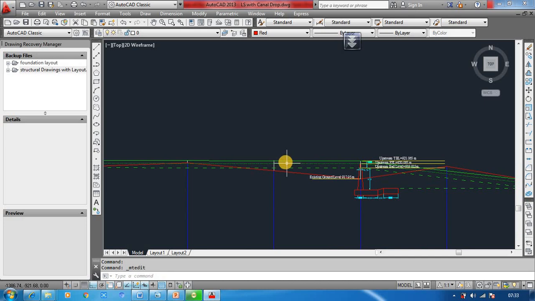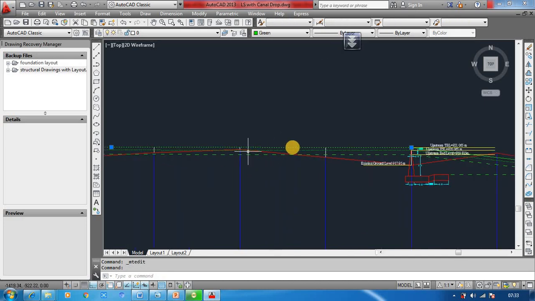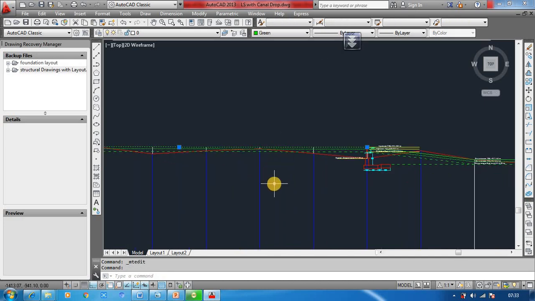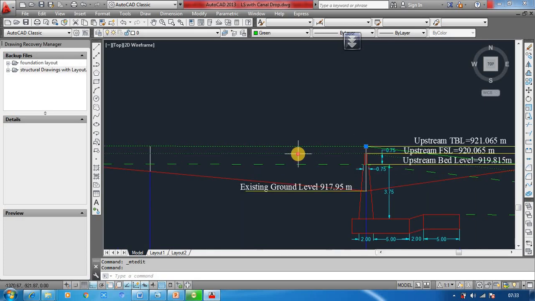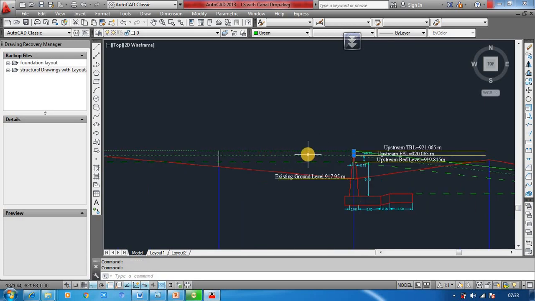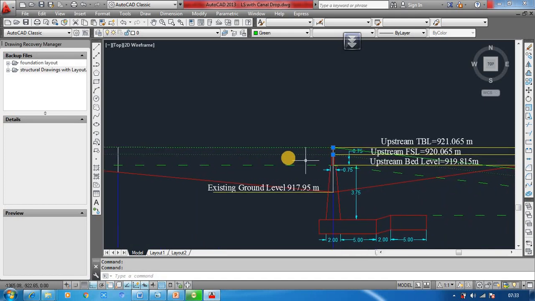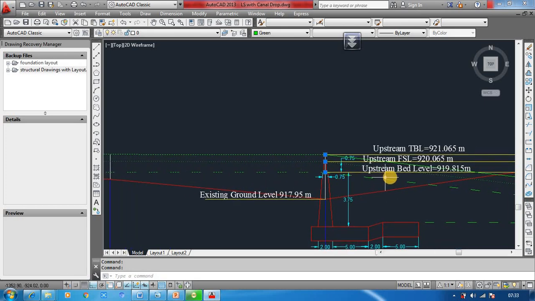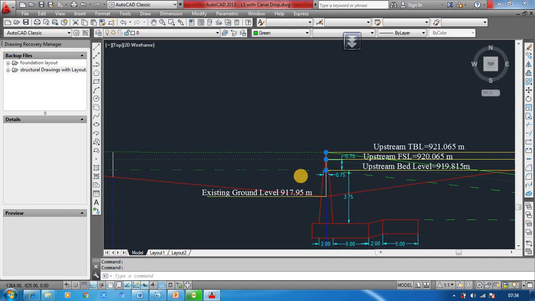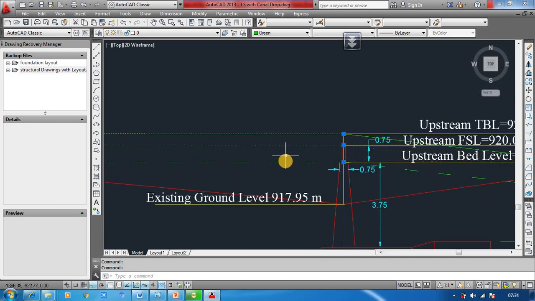As we know, this will be the formation level of the canal, and from there if you give a freeboard of 0.5, you will get the full supply level, and again an offset of 0.75 will give the upstream bed level. As you can see, the total depth will be 1.25.